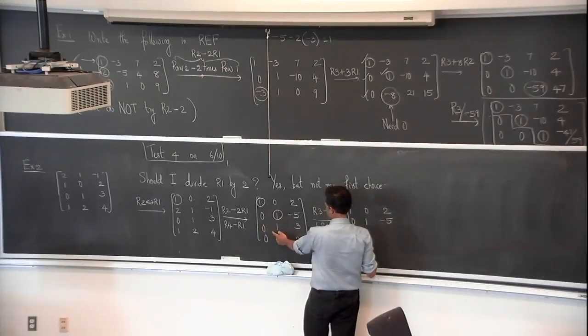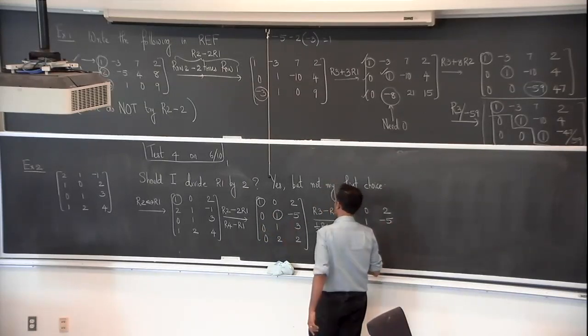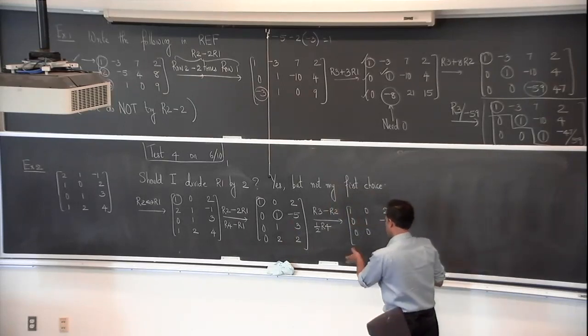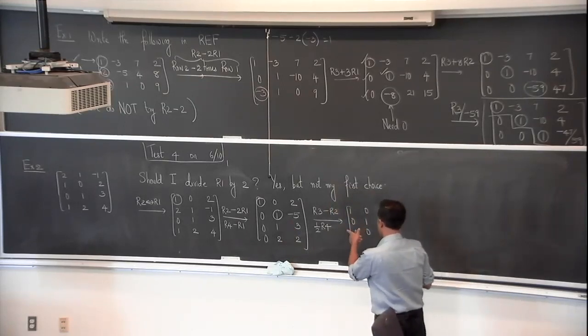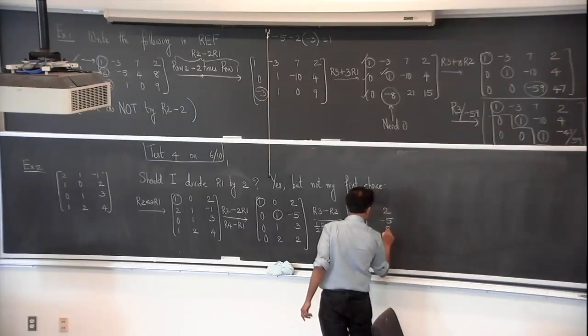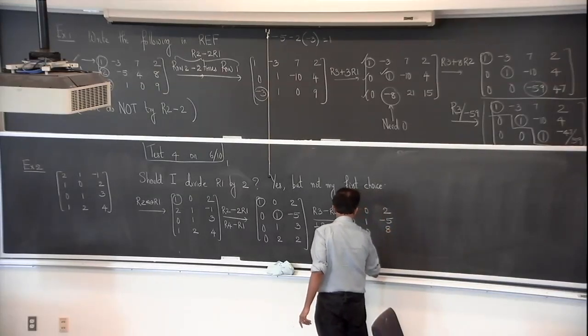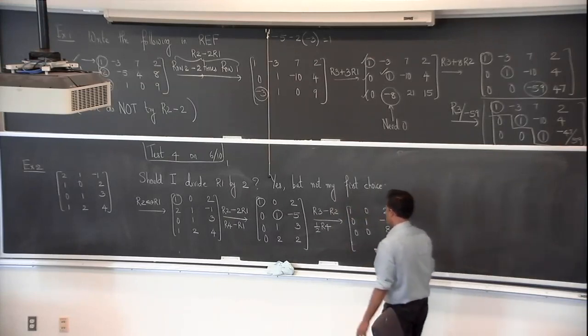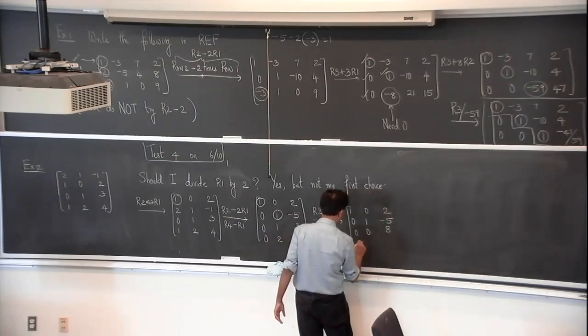R3 minus R2 will give you 0, 0, 8. And 1/2 R4 is 0, 1, 1.